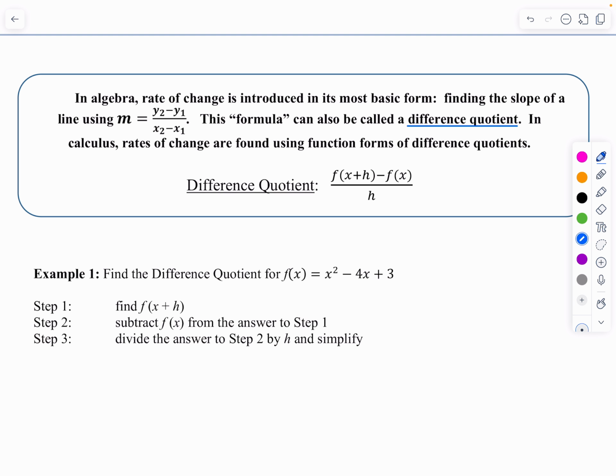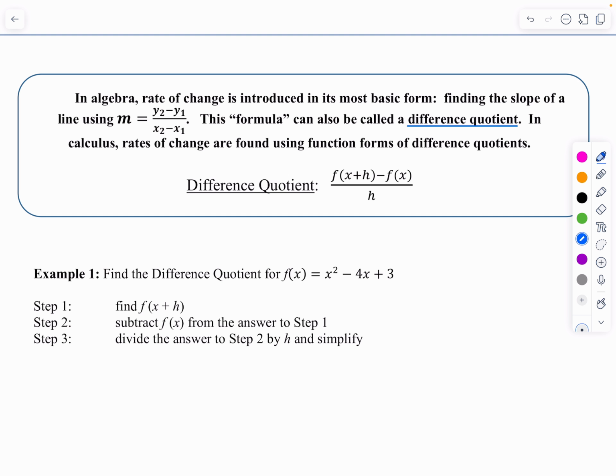In calculus or towards the end of the year, you're going to see that we use this difference quotient to help us with a topic that we're not quite there yet to understand, but the evaluation is such a big piece of this. So for the purpose of building this skill right now, we are going to learn how to evaluate in the difference quotient.